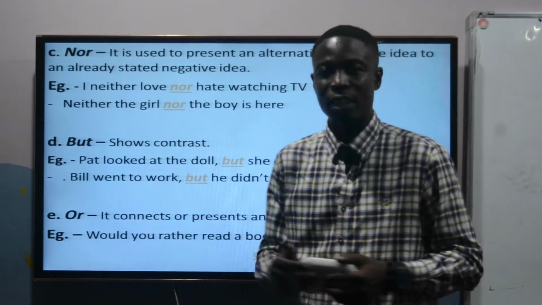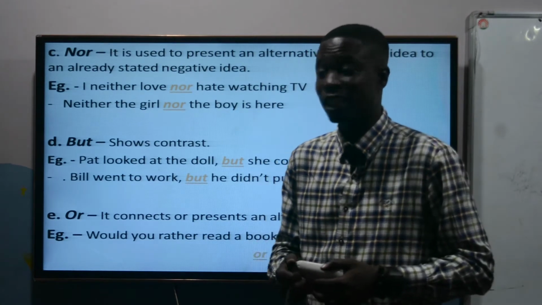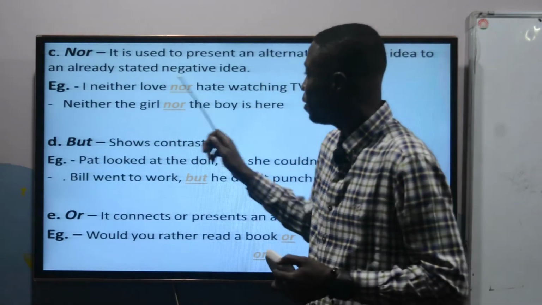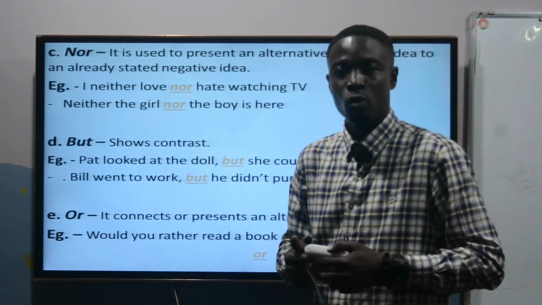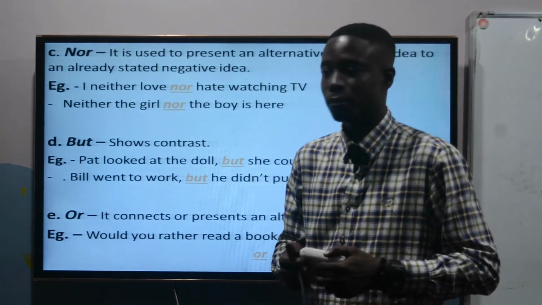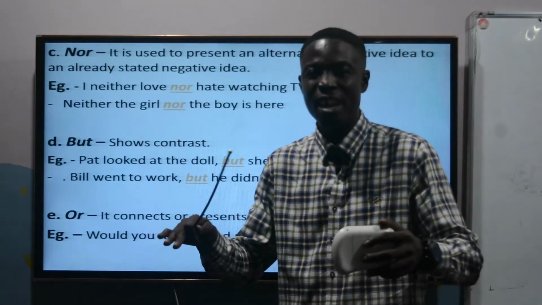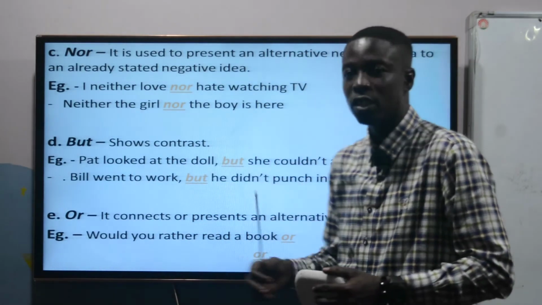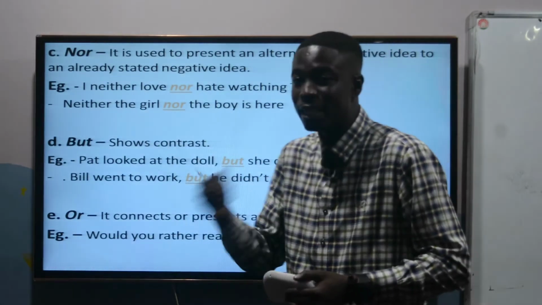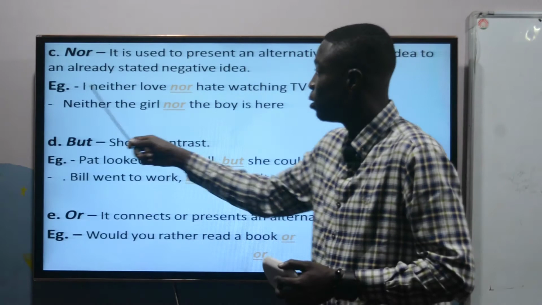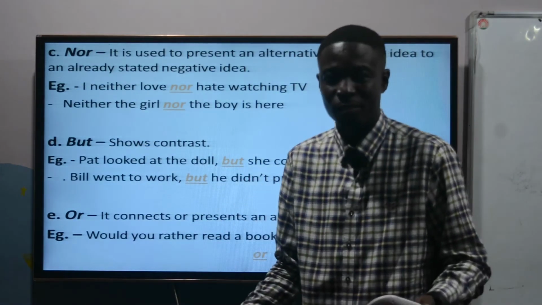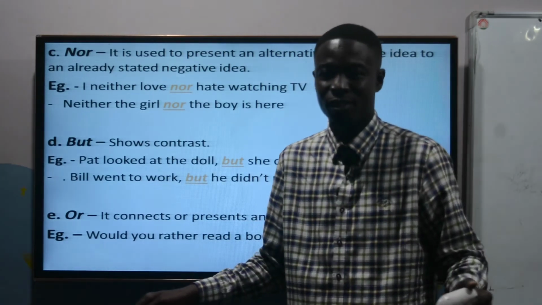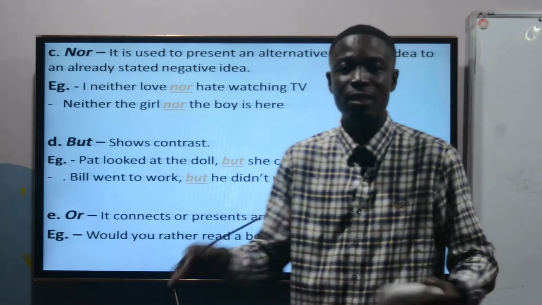Under conjunctions, neither nor is a correlative conjunction, but we are using only the nor under coordinating conjunctions. I neither love, negative, has already been stated. Nor hate watching TV. So this statement basically explains that I don't love watching TV, and I don't hate watching TV. I don't like both. This is negative. The other part too is negative.